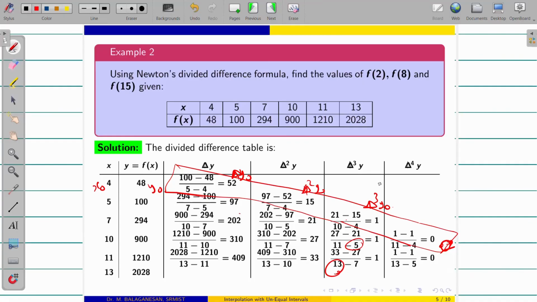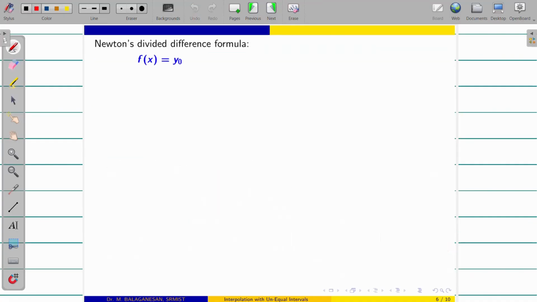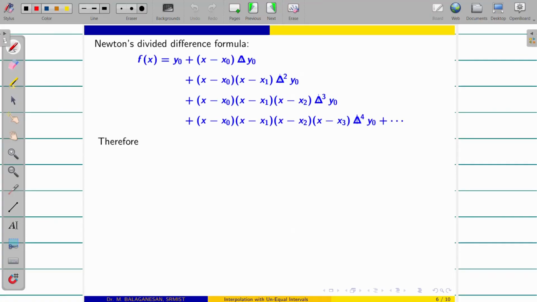Right. Now come to the formula. Look at the formula. This formula I have given in a different way. It's not like your textbook. In your textbook, instead of del y naught, it will be f of x naught comma x1. Instead of del square y naught, it will be f of x naught comma x1 comma x2.